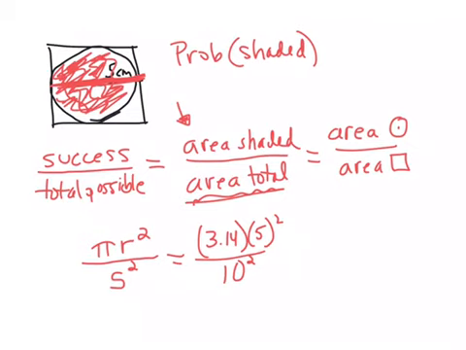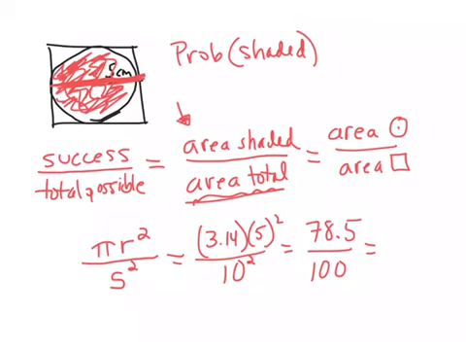Now I'm ready to grab my calculator, and I'm going to type these in. On the top, I am going to do pi, 3.14, times 5 squared. That's going to give me 78.5. And on the bottom, 10 times 10 just gives me 100.